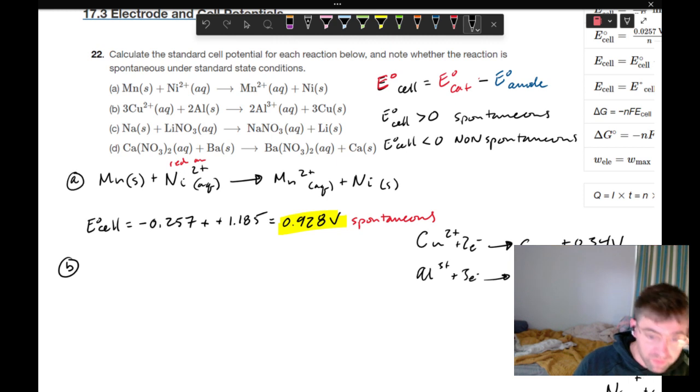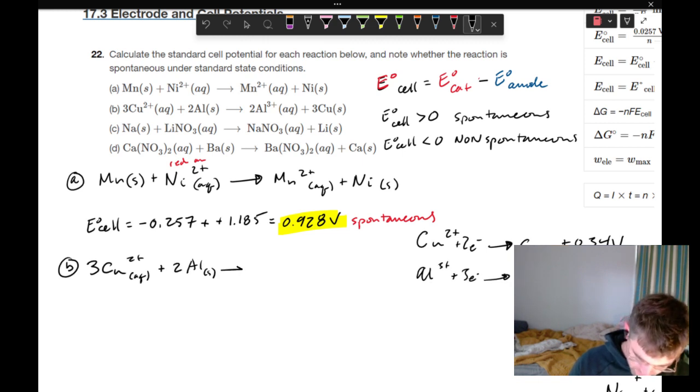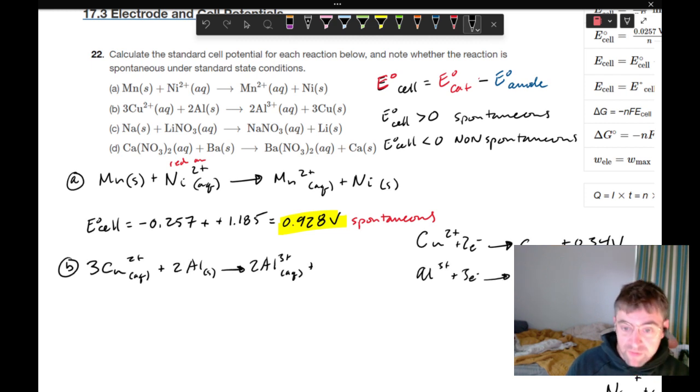Let's move on to B. Here we're looking at 3 copper 2 plus in aqueous solution plus 2 aluminum solid, transitions to 2 aluminum 3 plus aqueous plus 3 copper solid.